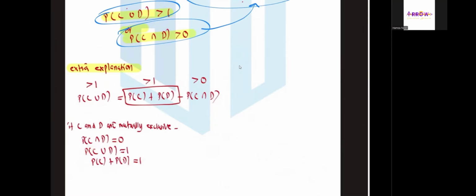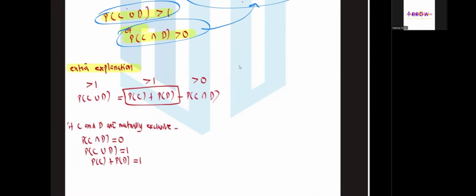However, in this case, first we establish that the probability of C plus probability of D is more than 1. It would be some value more than 1, and this would also imply that the probability of C union D would be more than 1, where the value would be something other than this value. What I'm trying to say is that these two things are not equal, and this obviously implies that the probability of C intersection D is something other than 0.